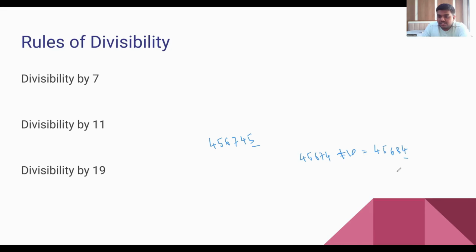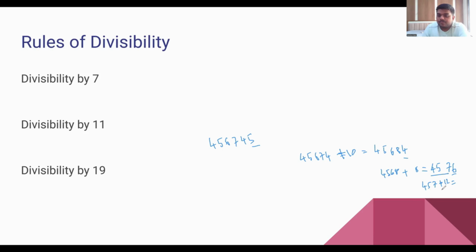We take the units digit, multiply it by 2: 4, 5, 6, 8 plus 8. This is 8 plus 8, 16. So 4, 5, 7, 6. We take the units digit, multiply by 2 and add it to the rest. So 4, 5, 7 plus 12.